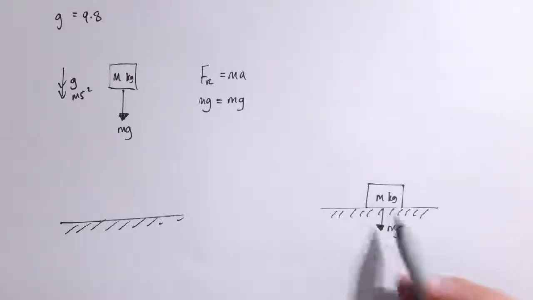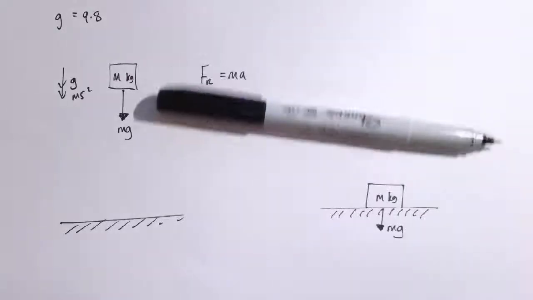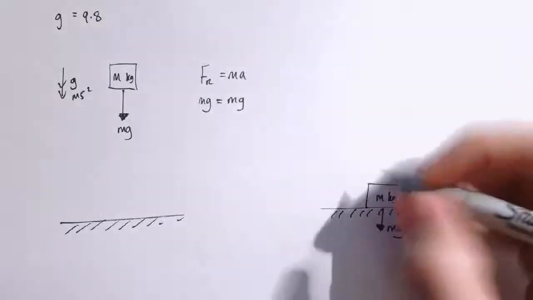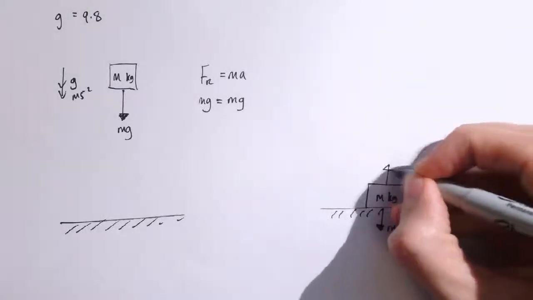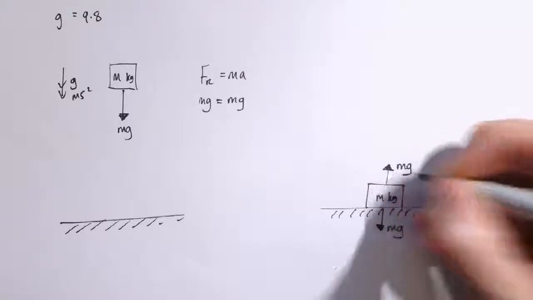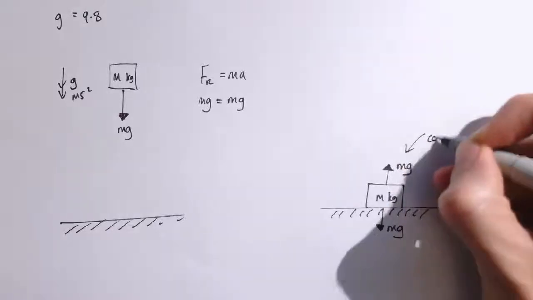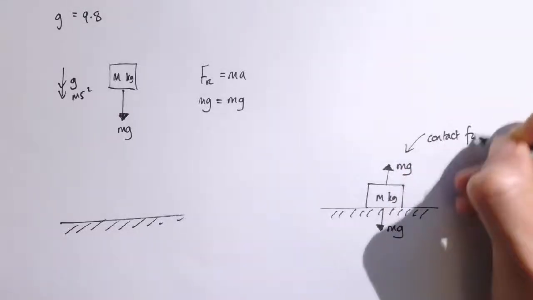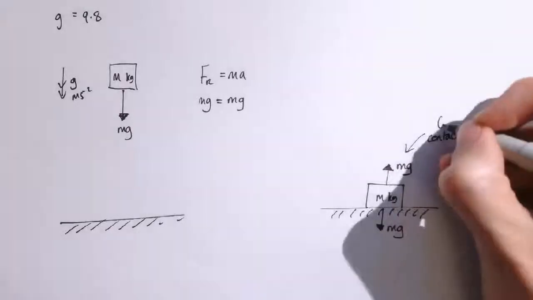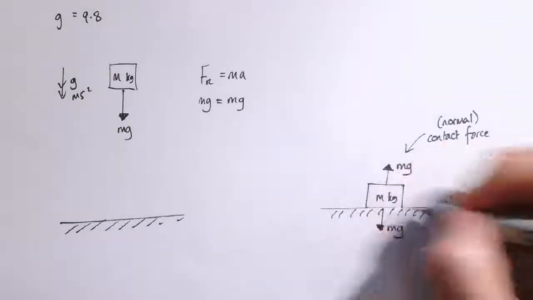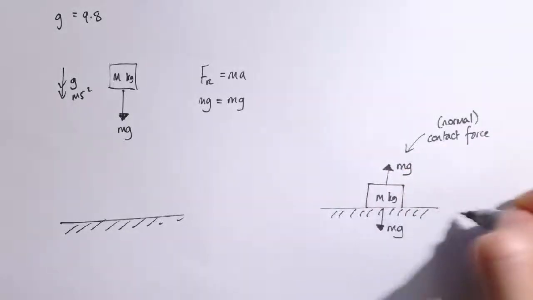So we know here that in this particular situation, the pen is just on the table, the resultant force on it is going to have to be 0. So we've got another force coming up on it, also equal to mg, which is what we think of as the contact force, sometimes also called a normal contact force, not because it's common or ordinary or anything, but actually because it's perpendicular to the object it's in contact with.